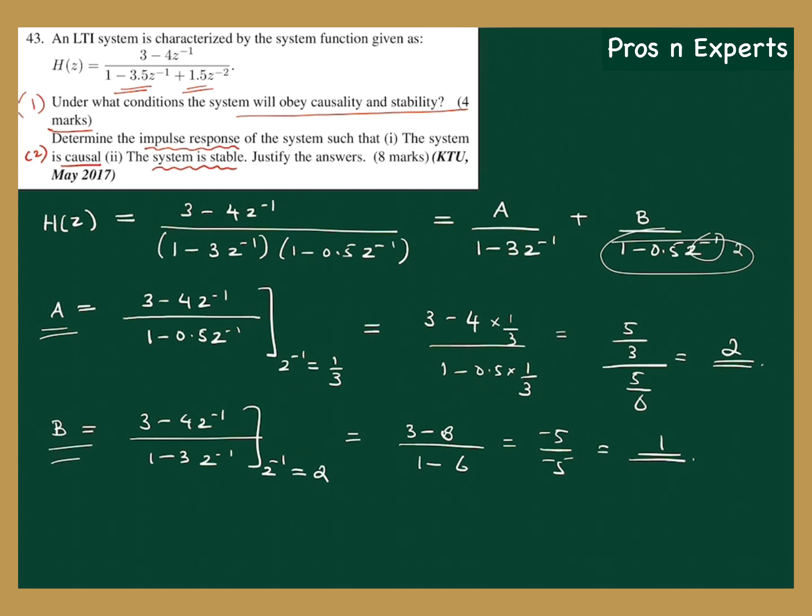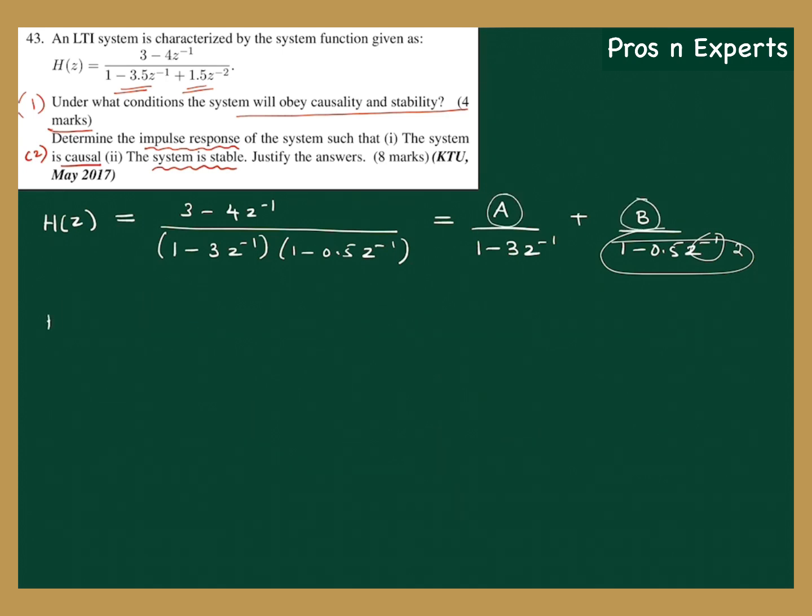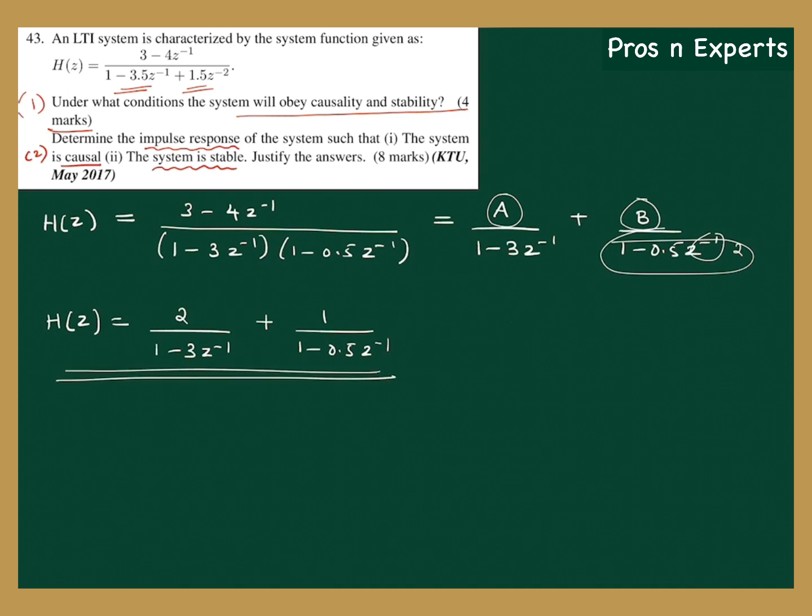Now we can replace A and B with the given values. So H(z) is equal to, A was 2, 2 by (1 minus 3z^-1), plus B was 1, 1 by (1 minus 0.5z^-1). This is the expression for H(z).